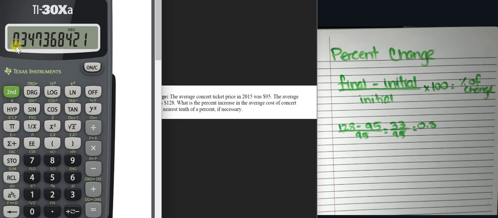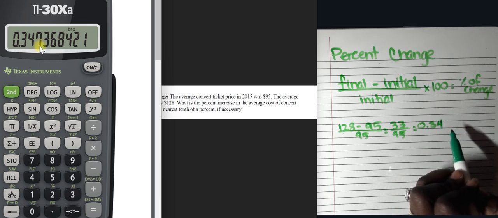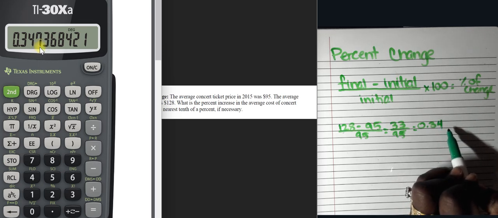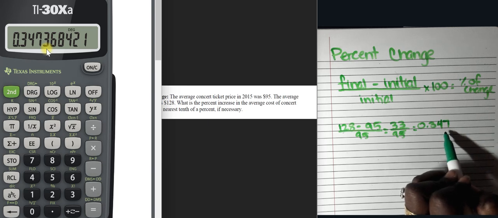So I need at least three numbers to be written down, okay? So I'm going to put 0.347, and then I'm going to stop at the third digit. And then I'm going to look at my right-hand neighbor and see what happens here. So should I round up or should I stay a 7? Okay. Hopefully you said stay a 7 because 3 is less than 5. So that means that we stay put.